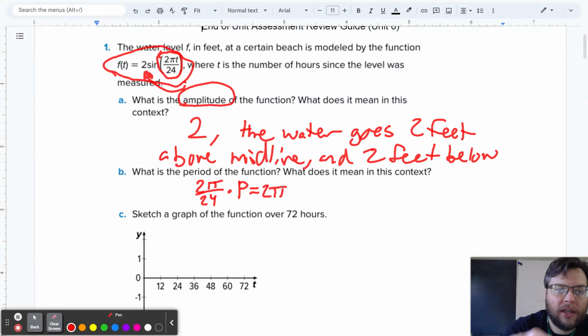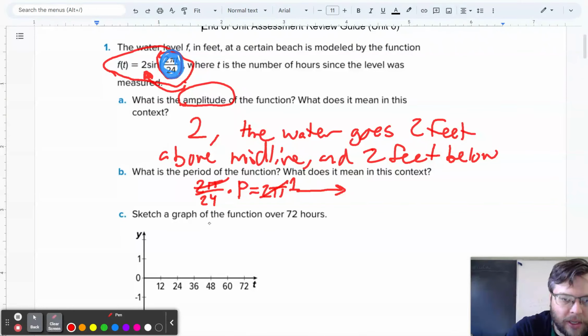So you always take whatever this number is, 2 pi over 24, and you multiply that by the period to get 2 pi. And so if you solve that, what you can do is divide both sides by 2 pi, which gives you just the number 1 here, and then multiply both sides by 24, and you get that the period is 24.